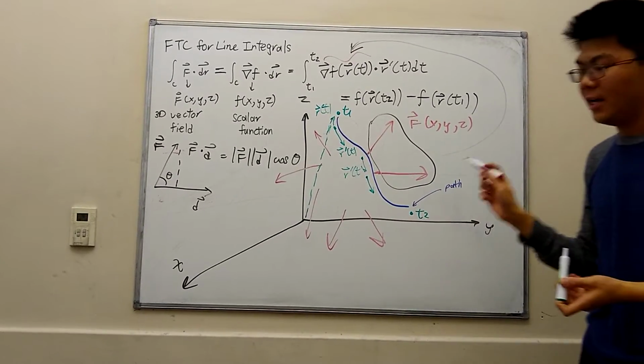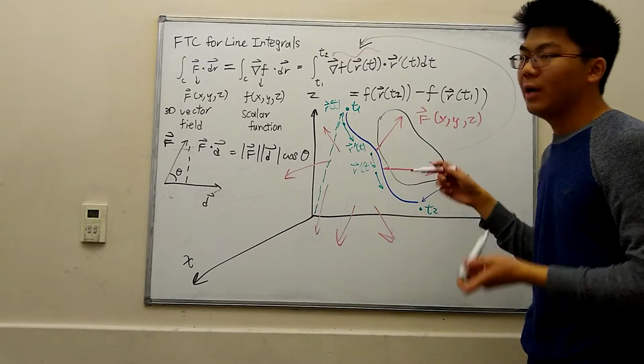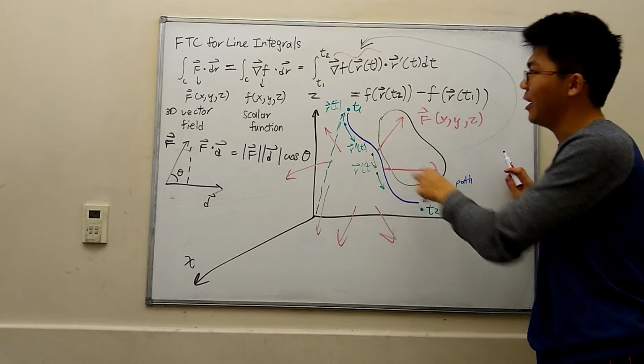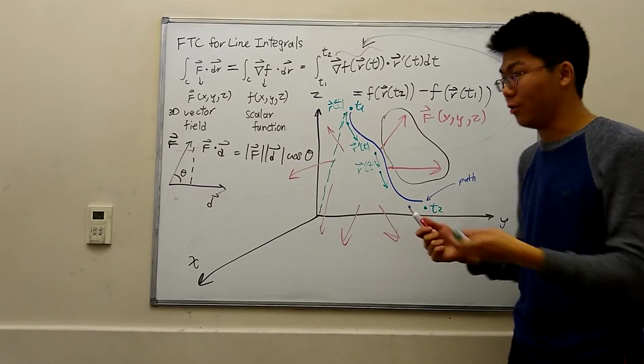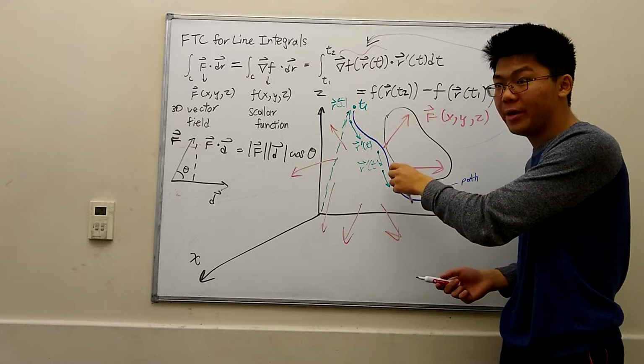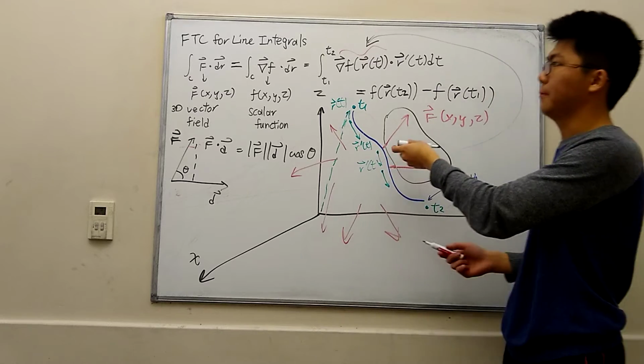And another thing to consider is, once we've computed this, once we take the dot product of one area, because we're taking the integral, we're summing up all the dot products here. R prime of t is moving.